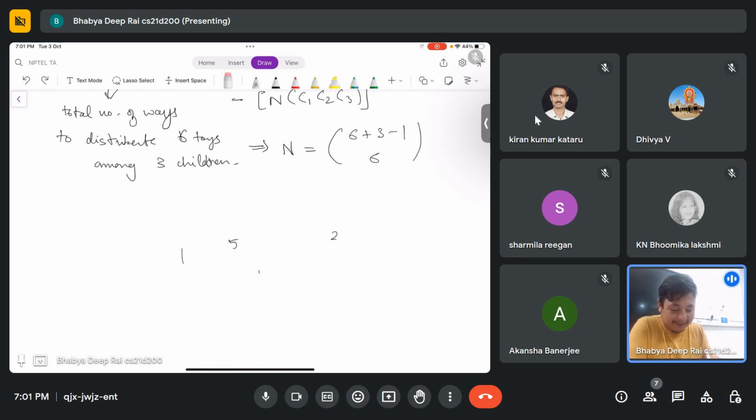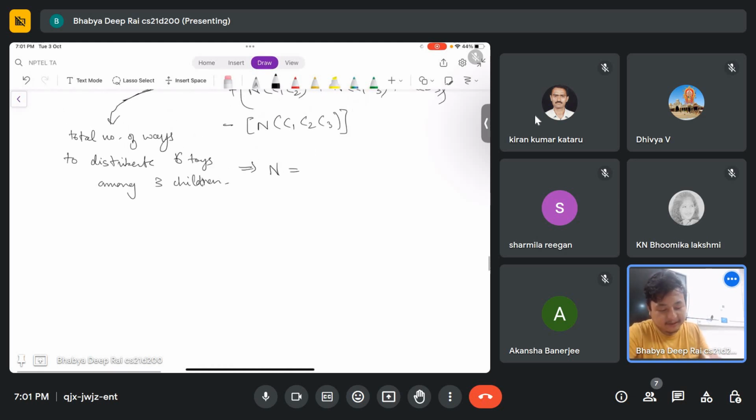So if anyone has a suggestion on how to count this, 6 toys among 3 children, using a simple argument. So a simple way to do it would be, consider 6 places. Sharmina, this is close to what sticks and stones does, but slightly different.